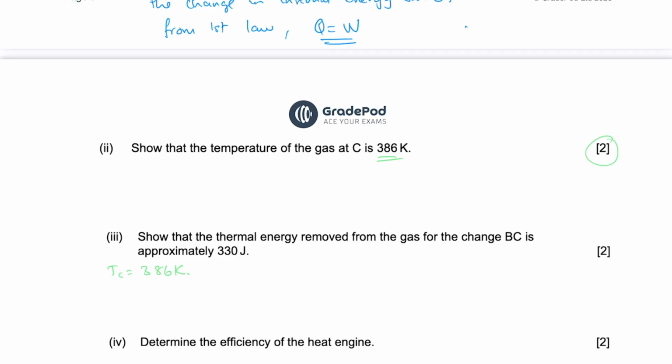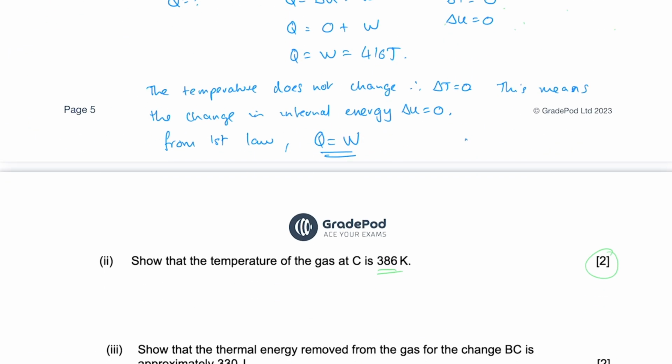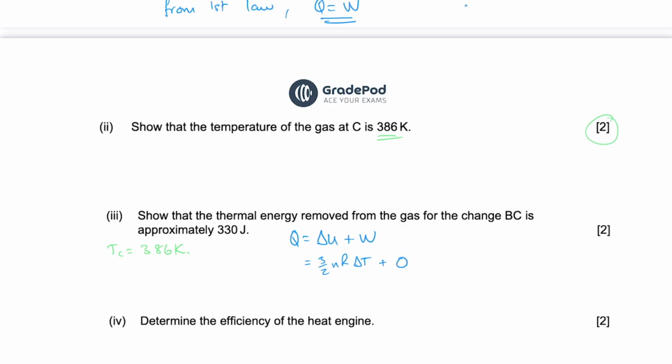Okay? So 3. Show that the thermal energy removed from the gas for the change BC is approximately 330 joules. Q is equal to delta U plus work done. Change in internal energy is 3 over 2 nR change in temperature, plus the work done from B to C. The work done from B to C is equal to 0 because it's an isovolumetric change.